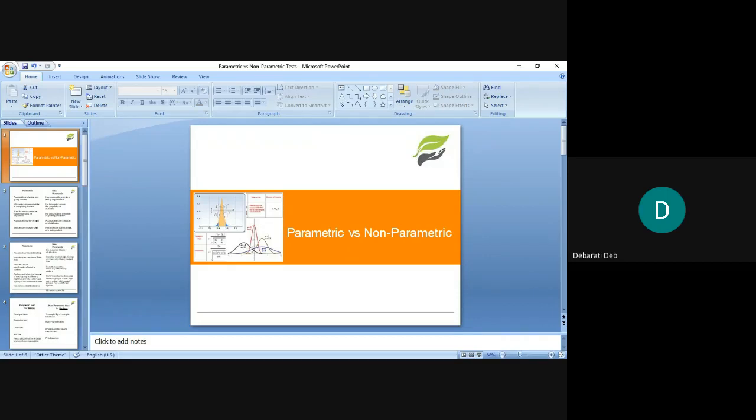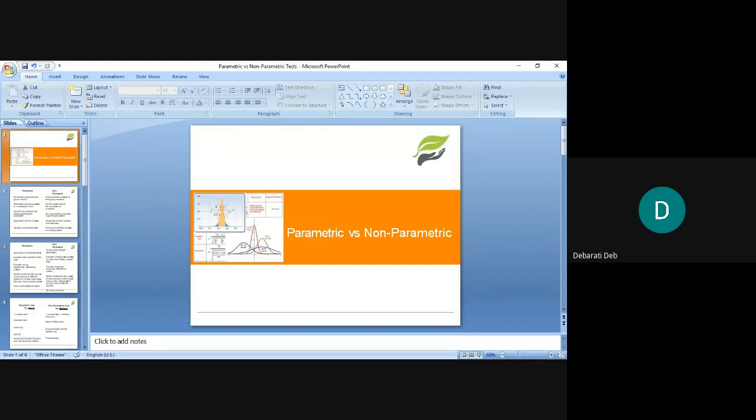Now, before testing, you have to first be able to identify what are called parametric and what are called non-parametric tests. Basically there are two types of tests which I will teach you today, and all of you be attentive. Within these two types of tests, you have to identify which test will be suitable for your type of data.